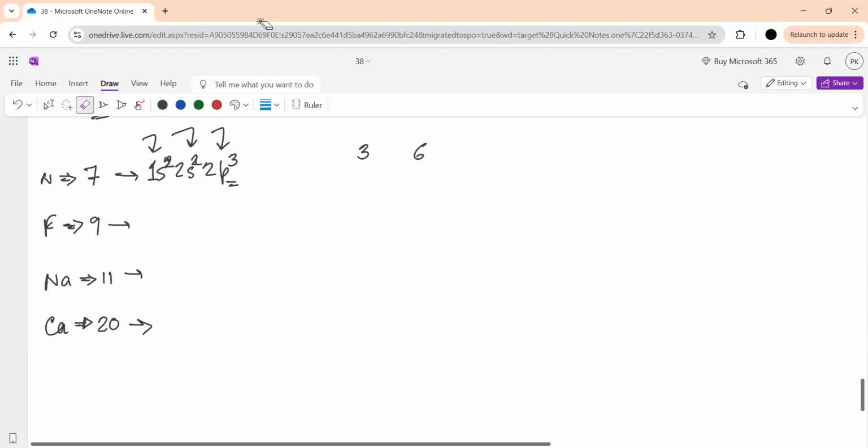So if we try to draw it, this will be our 1s, this will be our 2s, and this will be our 2p. If we align the electrons: 1s2, so 2 electrons, 2s2, 2 electrons, and 2p3: 1, 2, 3.